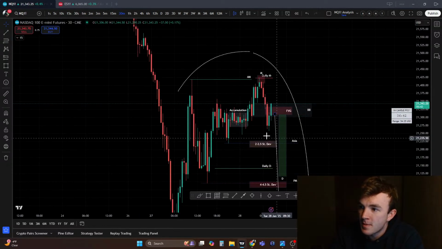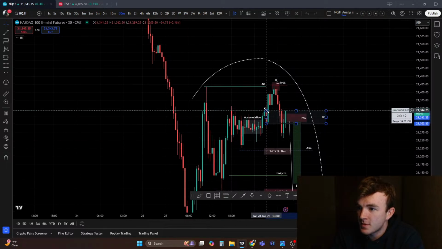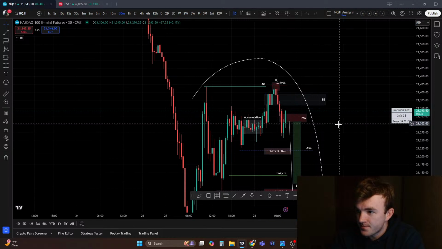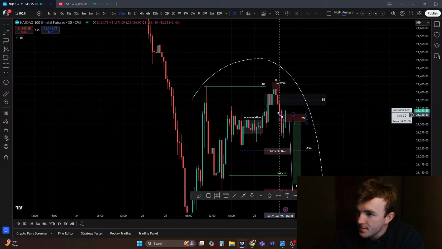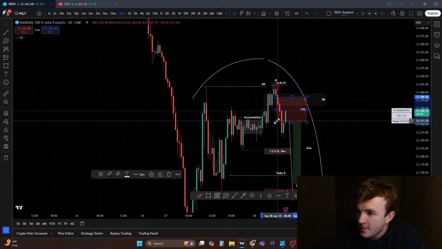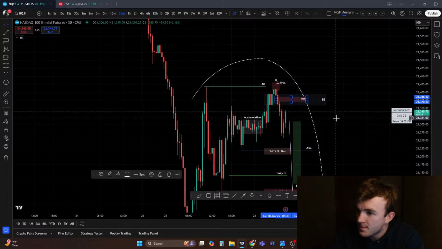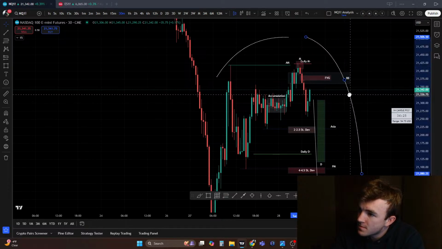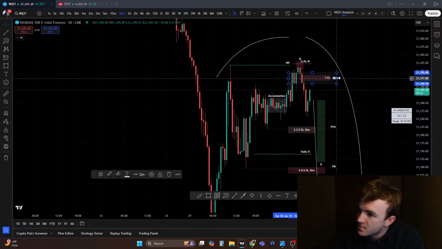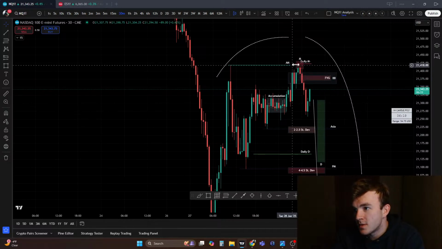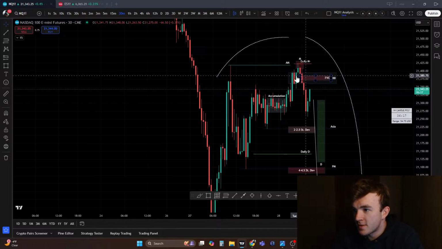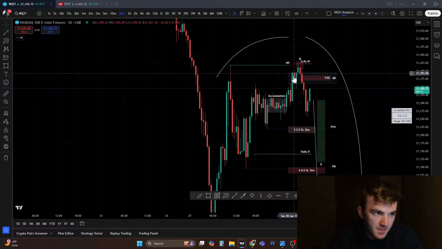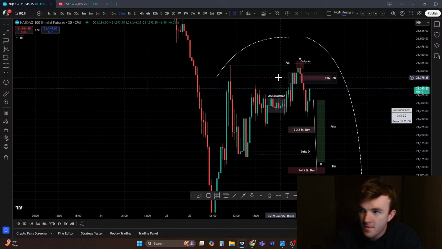This one's a little bit better. And then maybe at that point, we'll dump. This one might be the one the market's seeking out. This breaker and fair value gap. This down close candle overlapping with this fair value gap.